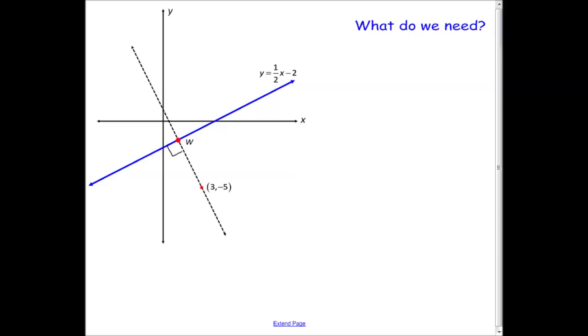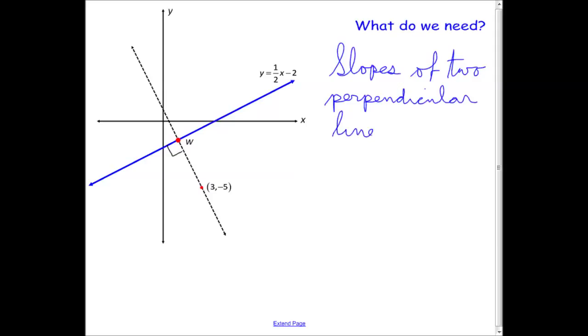And that relationship is that the slopes of two perpendicular lines are opposite reciprocals. Hopefully you've done this before. If you haven't, that may be something you want to look up and brush up on.